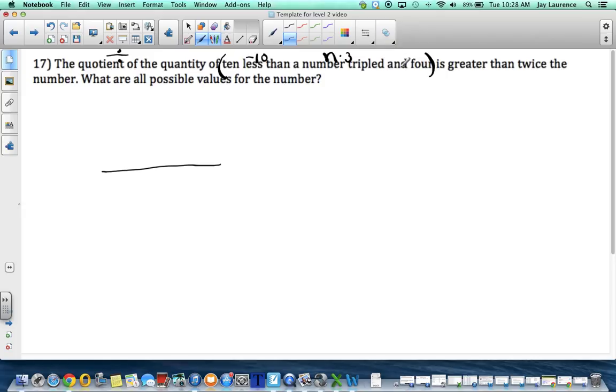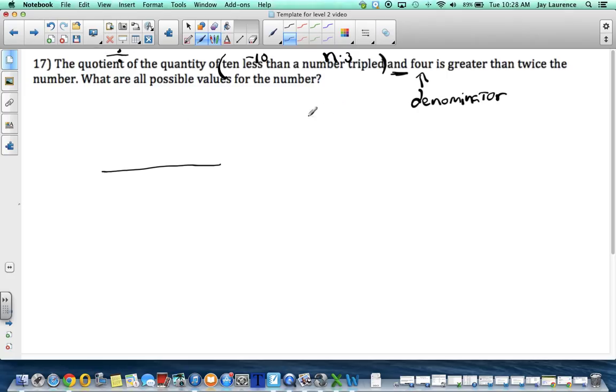Okay, and 4. Oops, excuse me, 10 less than the number tripled. I made a mistake there on my quantity. I should have put the quantity right there. Okay, this 4, because it's following the and, is my denominator.